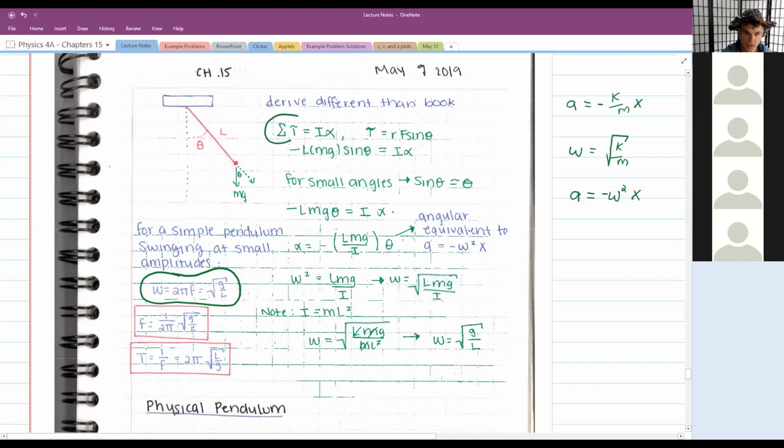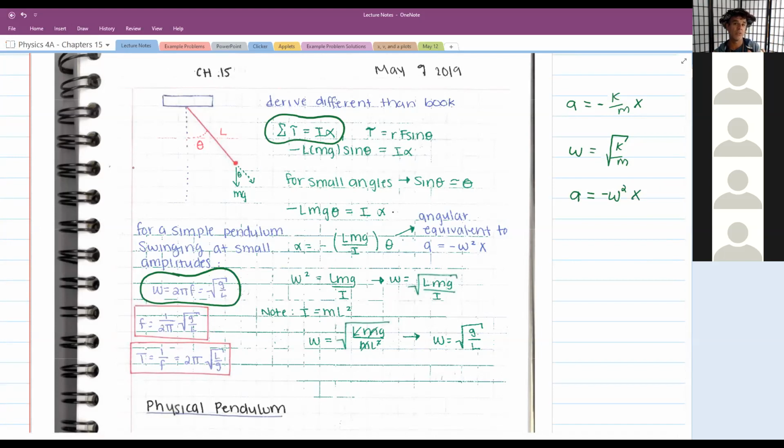So for this, we're looking at circular motion. And what we know is that the sum of the torques on an object equals I, the moment of inertia, times alpha. Well, the only force acting on this mass as it's swinging back and forth that's exerting a torque is the force of gravity, mg.